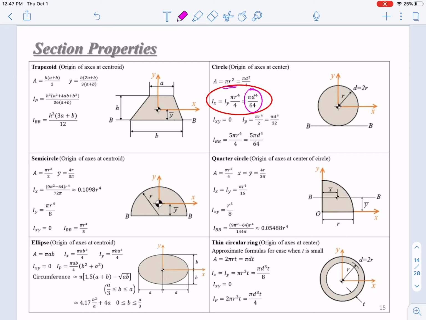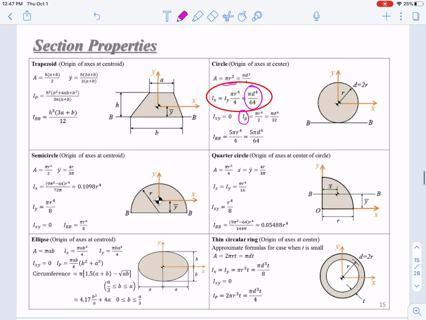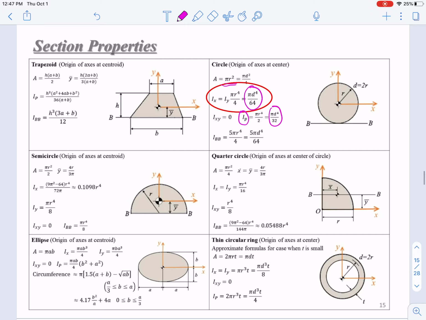And Ip equals Ix plus Iy, right? This will be 2 times Ix, so pi d to the fourth over 32. What is this? This is a J, right? This is the J in the last chapter when we talked about torsional shafts. So this is just the polar moment of inertia.